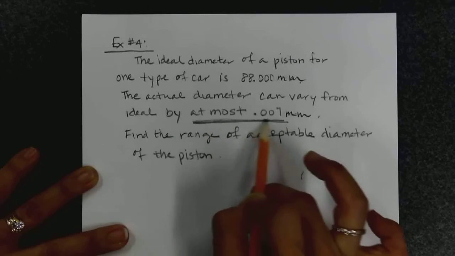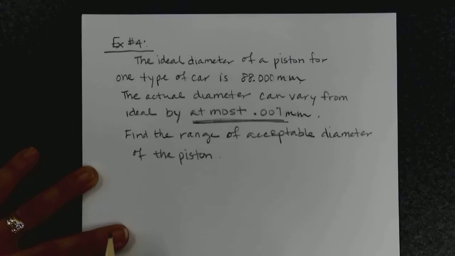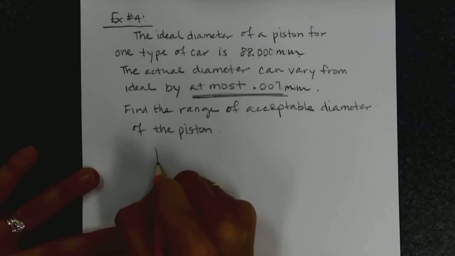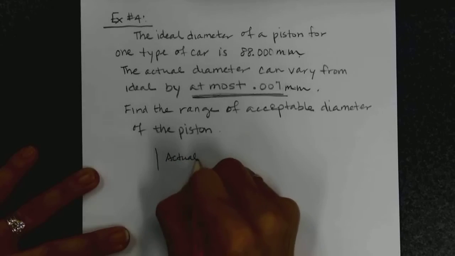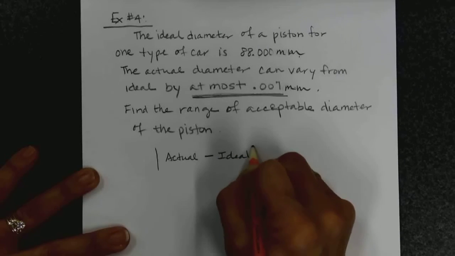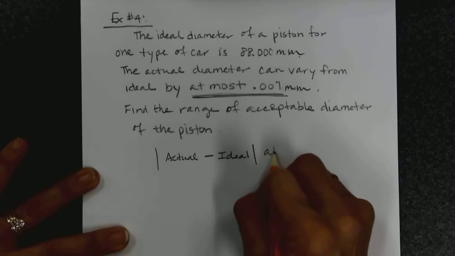So what do I want it to be when I measure, and I can be off by at most. So this is what's telling me how far away from 88 I can be. So when you write your absolute value inequality, it's going to be the actual measurement minus the ideal measurement, and this has to be at most, right?